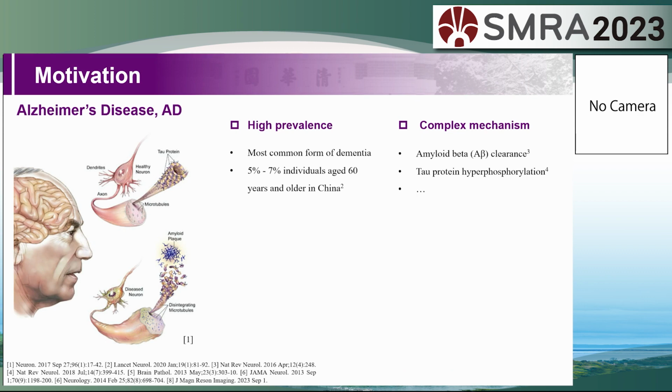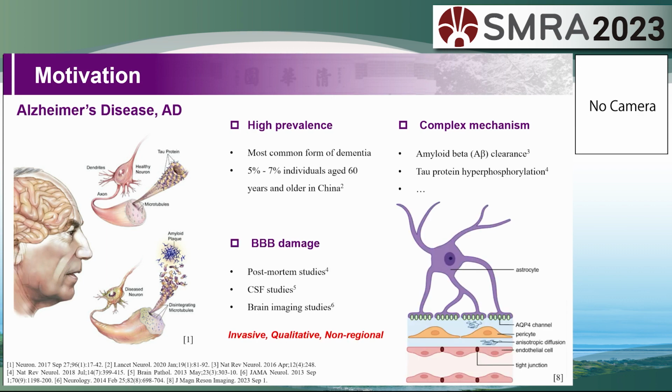Alzheimer's disease, or AD, is the most common form of dementia and is believed to affect 5 to 7% of individuals around 60 years and older in China. At the same time, AD has a rather complex pathological mechanism, including amyloid beta, or A-beta, clearance.